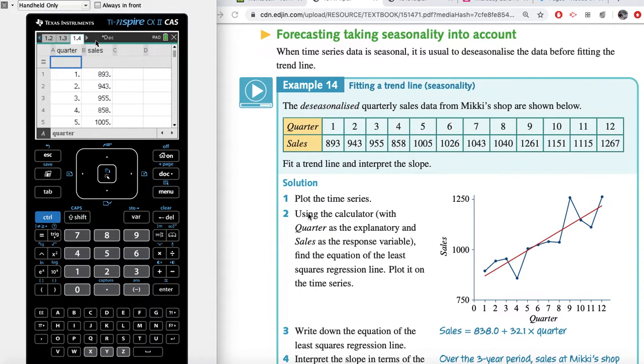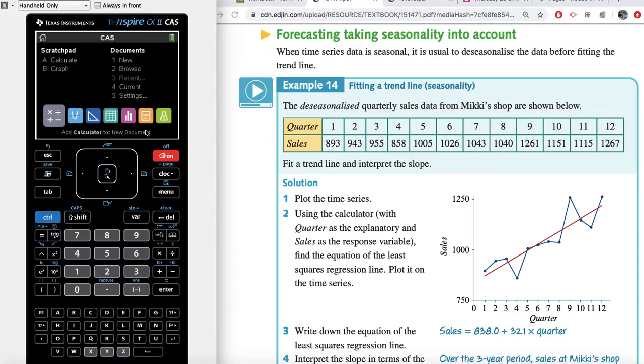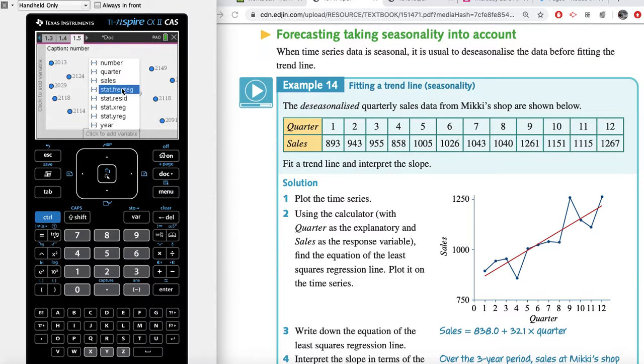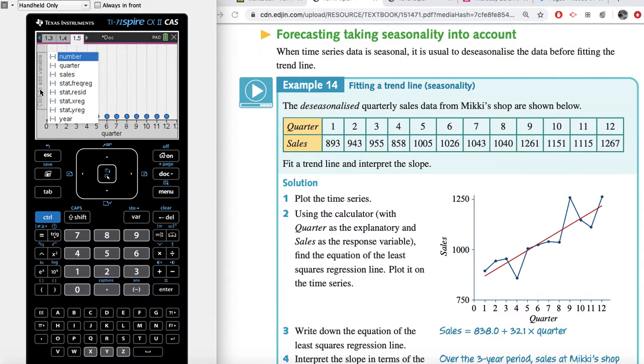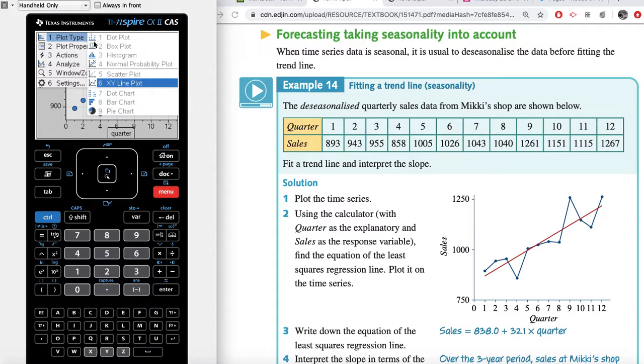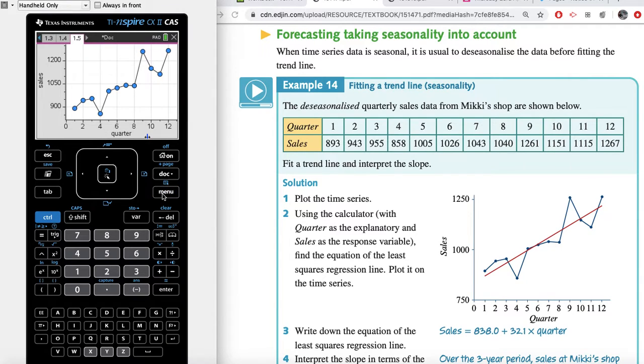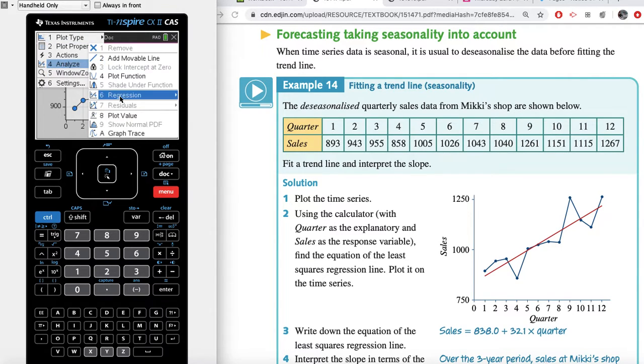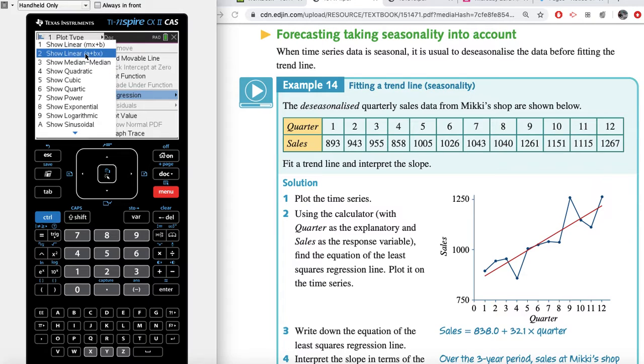So if we're going to do a trend line on this one, same thing, home screen, histogram, we've got quarter, we've got sales, and if we want to fit a trend line, we've also got to fit the time series. So we've got to do the X1 line, and then we've also got to do the regression line. You know how they like this second one.